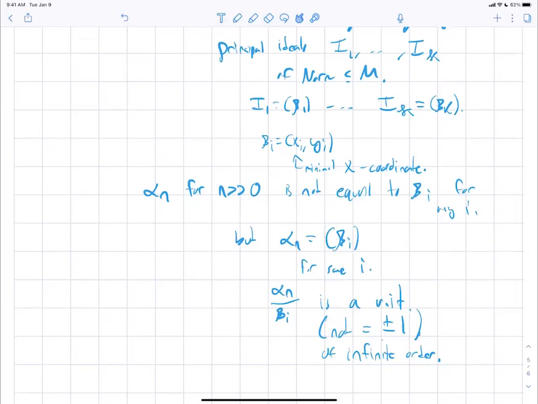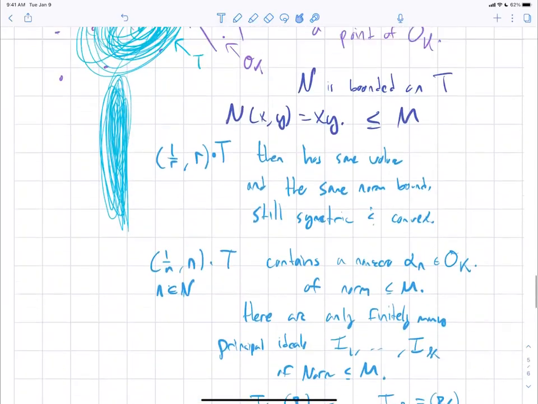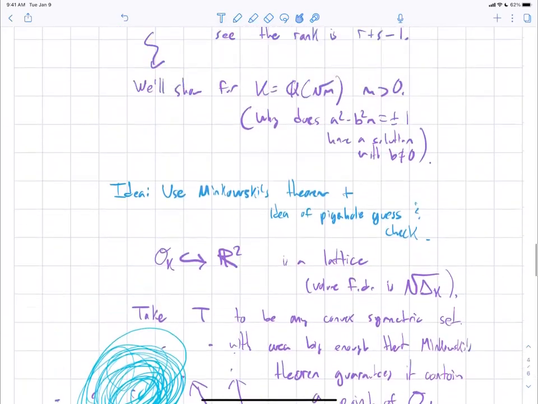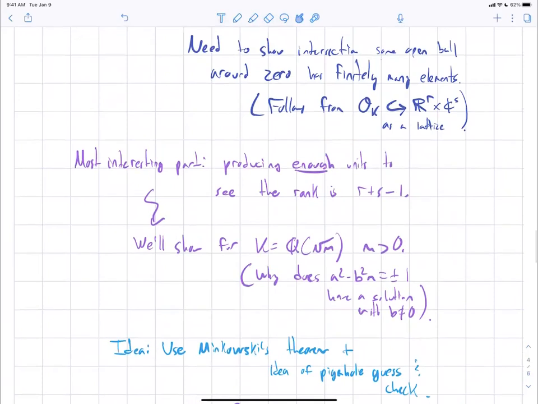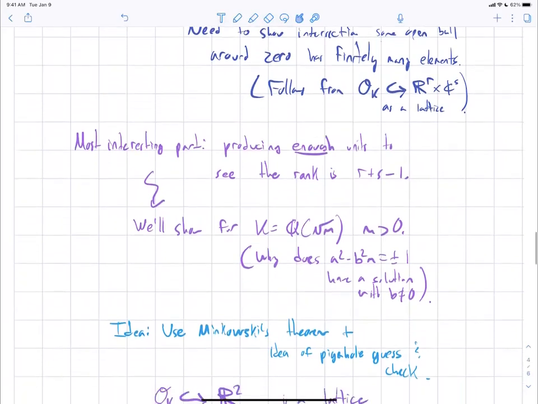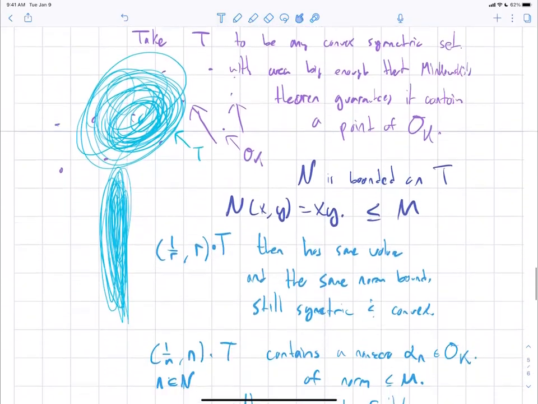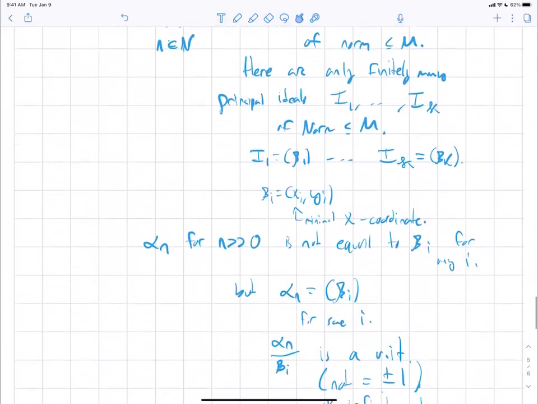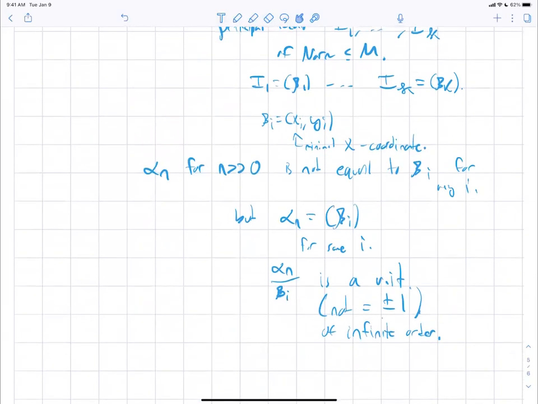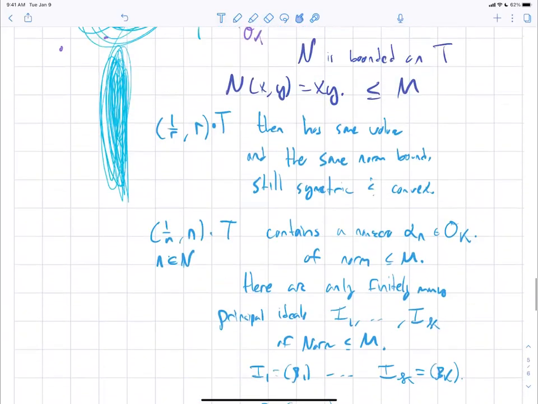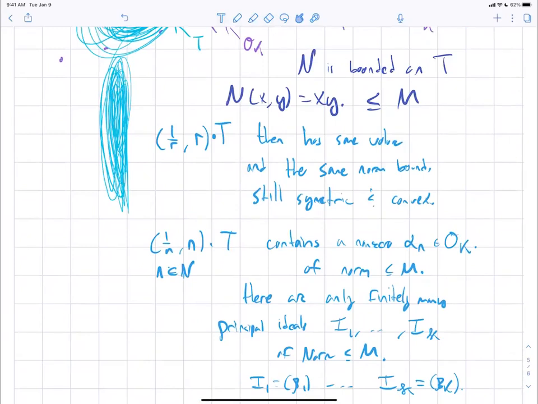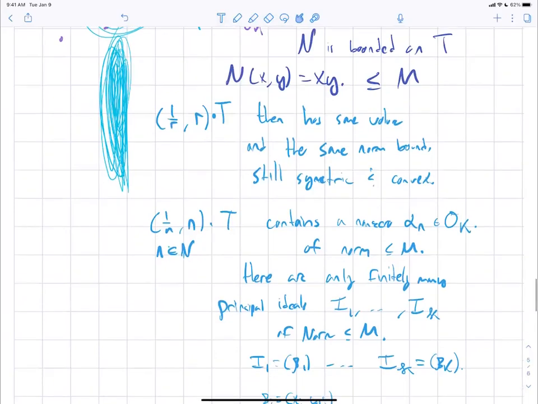Okay, and now you see basically how the proof goes more generally. The first part we already had set up, the embedding to R^(r+s-1). You can run the same kind of argument: to get independent units, you squeeze in the first coordinate direction, then you squeeze in the second coordinate direction, and so on.